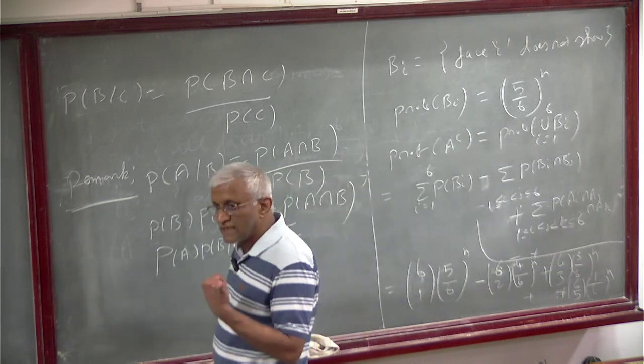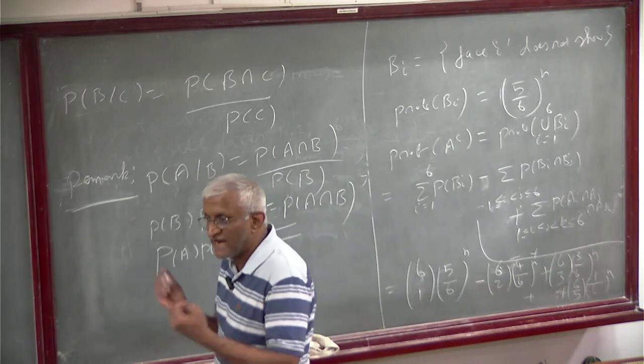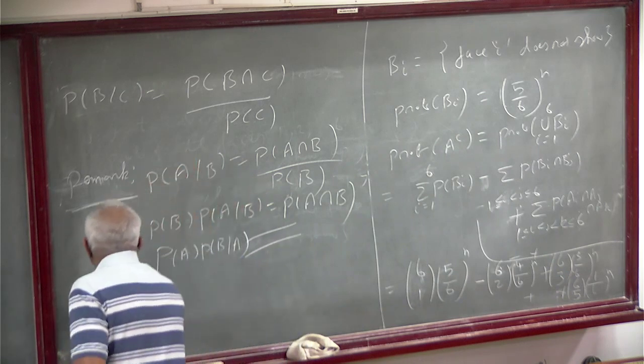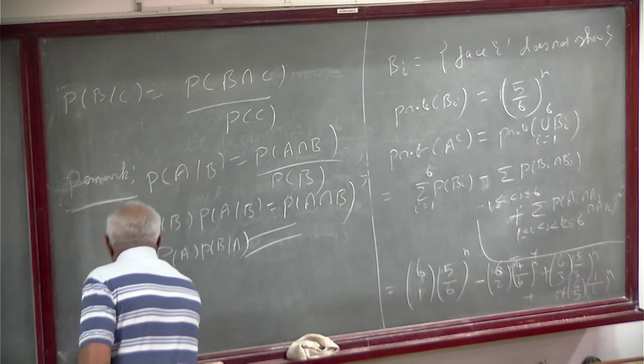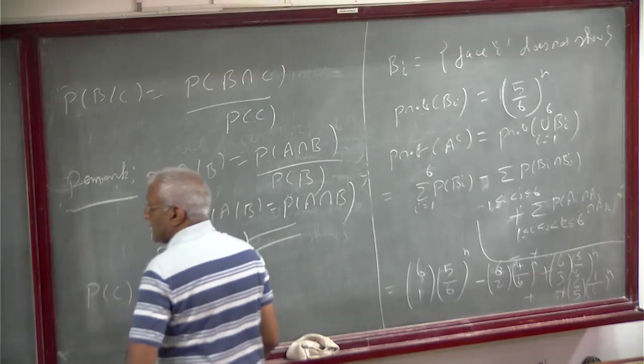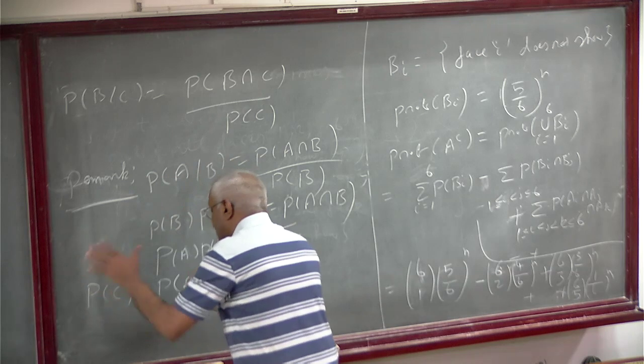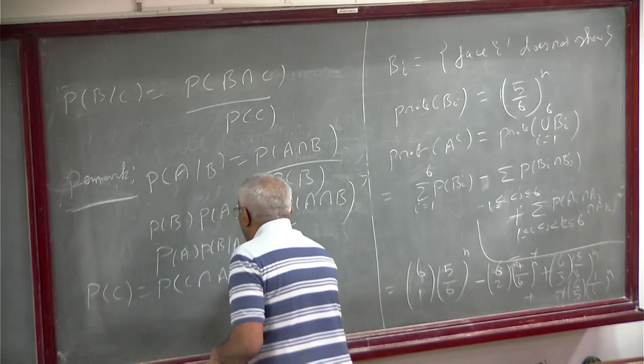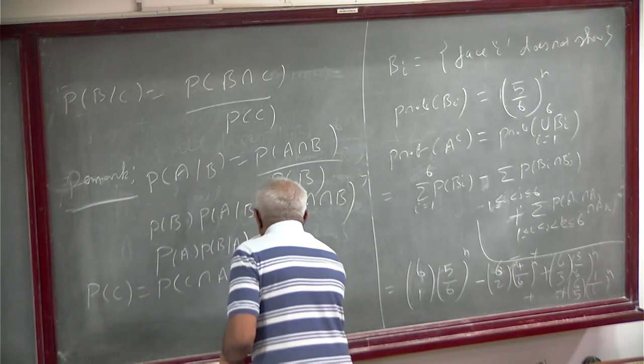Now if you have two sets, A and A complement, suppose, then the probability of any set C is equal to the probability of C intersection A plus P of C intersection A complement.